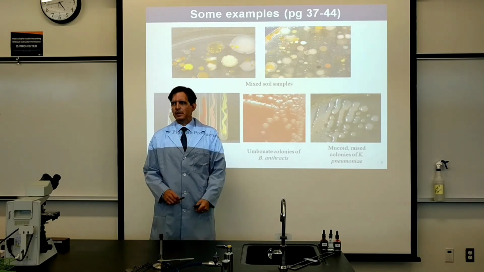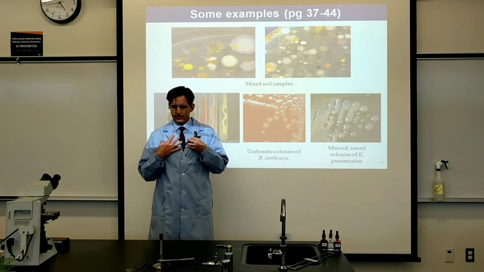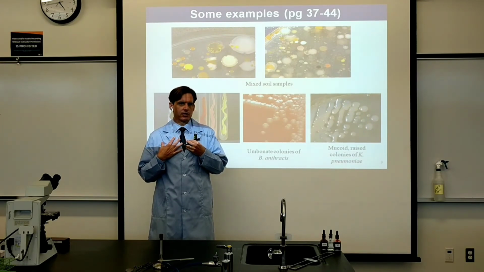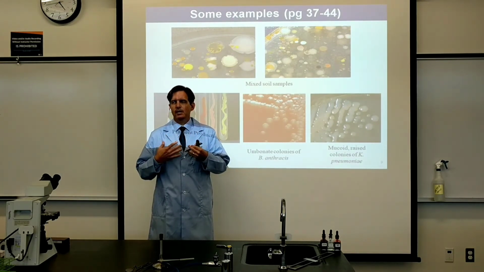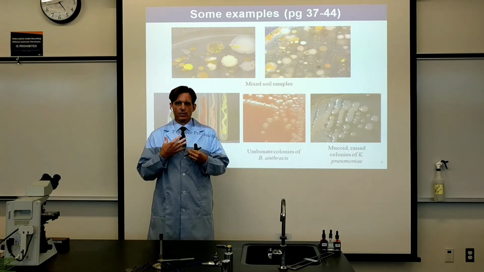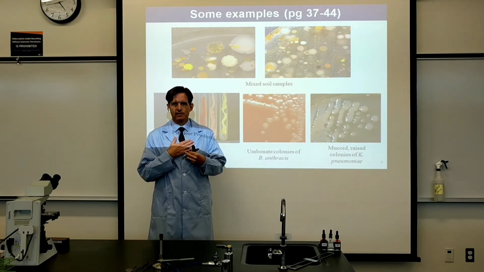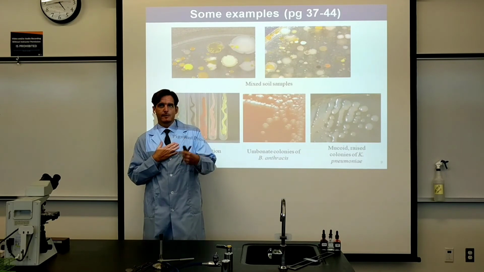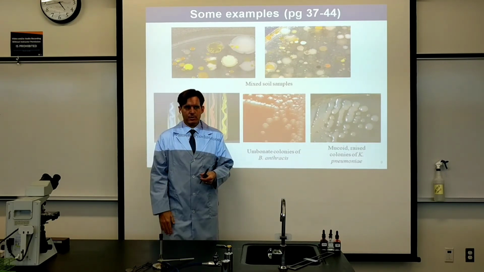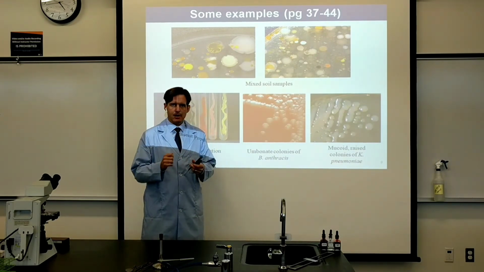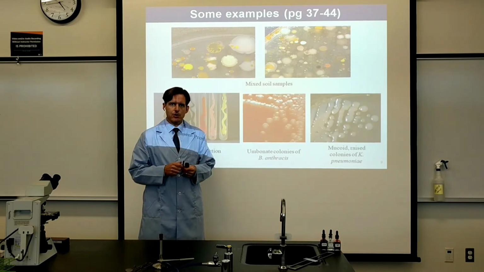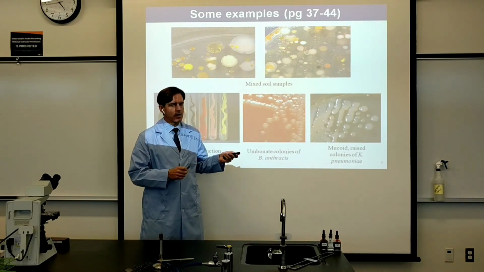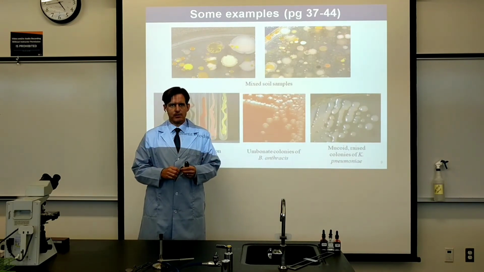So when people have a Klebsiella pneumoniae lung infection or a urinary tract infection, if you take the sputum, which is a mucus sample coughed up out of the lungs, or you take a urine sample from someone who has a UTI, if you were to take a sample of that and spread it around on a Petri plate, these would be the kind of colonies that you would see growing to have this appearance.